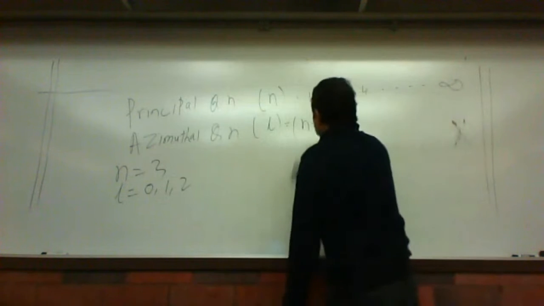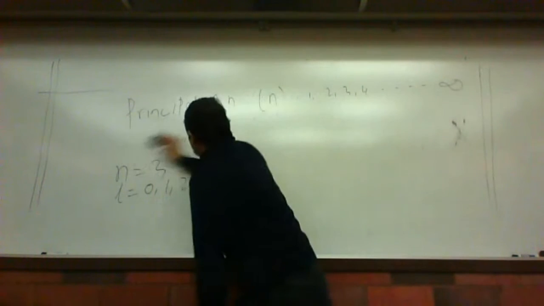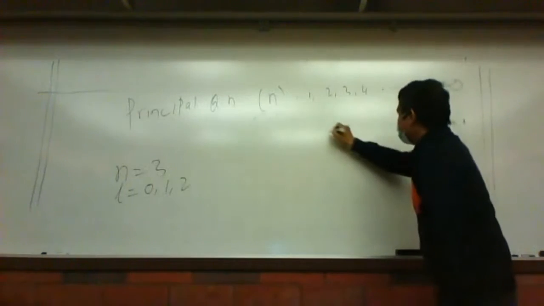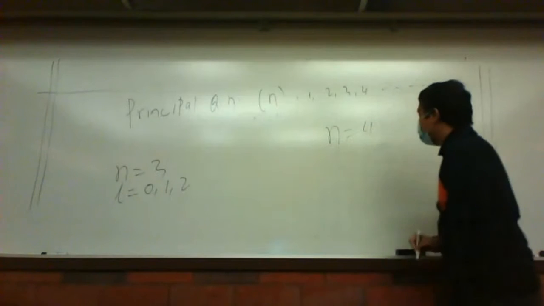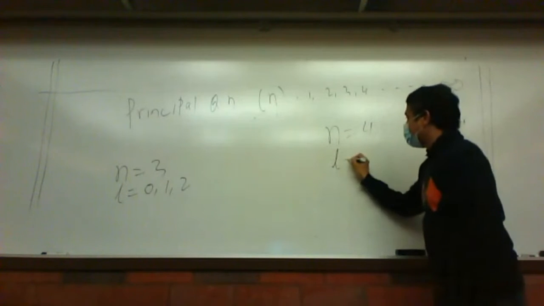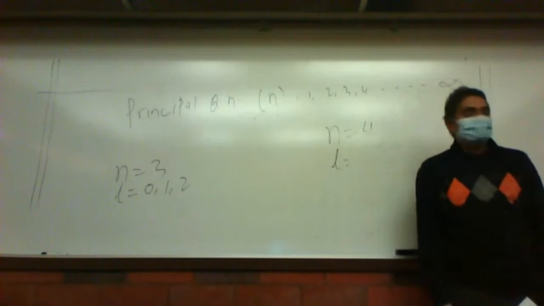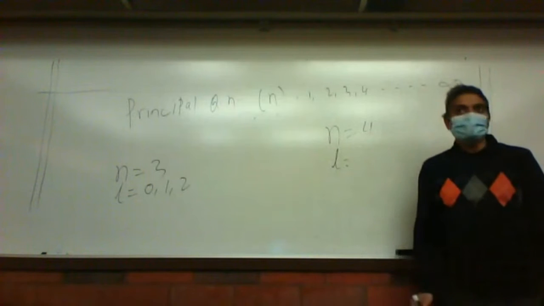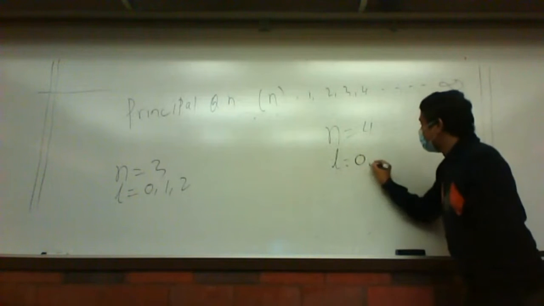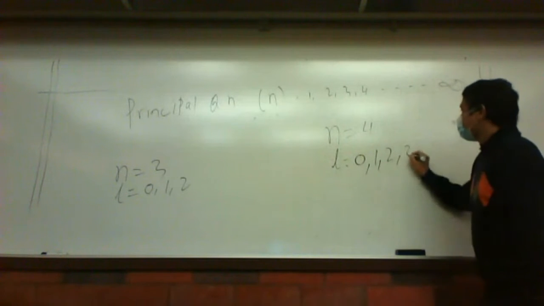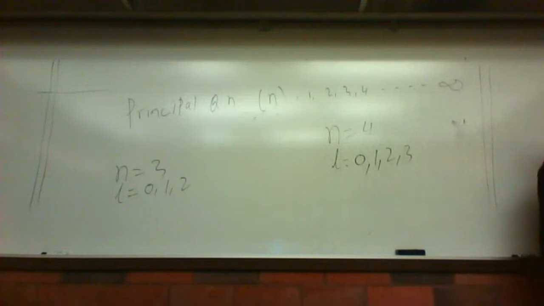Now let's talk about n equals 4. L should start from 0, and it cannot reach up to 4. So l equals 0, 1, 2, 3.